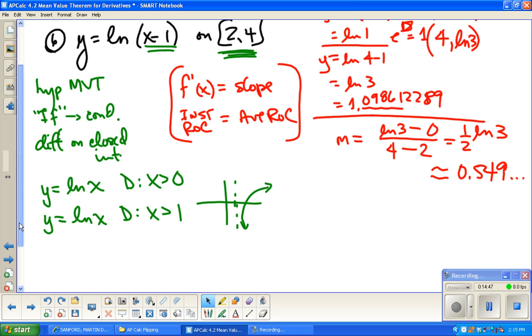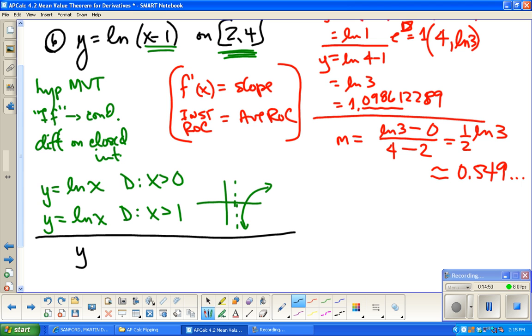What I want to do then is set the derivative. Well, if y equals the natural log of x minus 1, then y prime is 1 over the inside. It was natural log, so I don't have to do a log base e of e. So 1 over the inside times the derivative of the inside. Well, the derivative of x minus 1 is just 1.